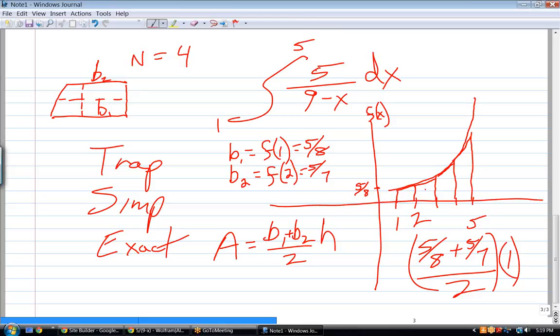The area of the second trapezoid, notice that we use this now as base 1, and this is base 2. So base 1 is f of 2, and base 2 is f of 3. And the height of each one of these trapezoids is 1, so we really just need the average.